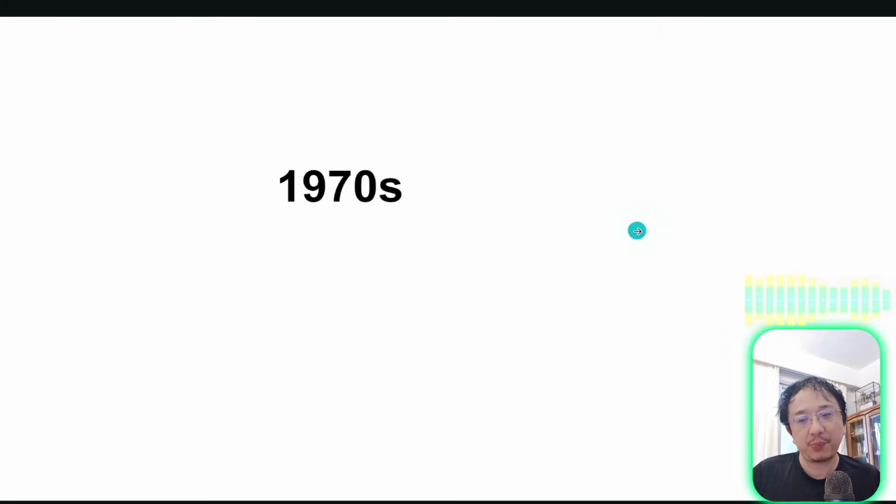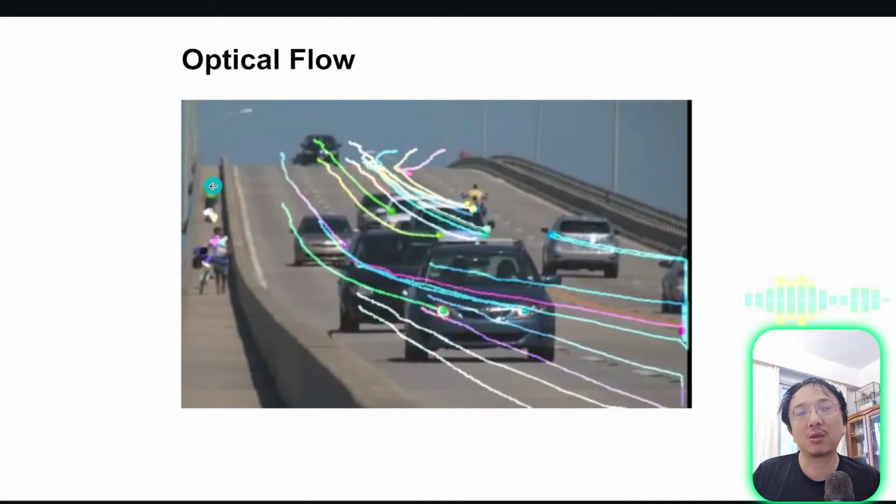But people were still doing computer vision, studying and researching, and gained a lot of fruitful results. So even in the 1970s, people could do something like optical flow. We will see it a bit later.